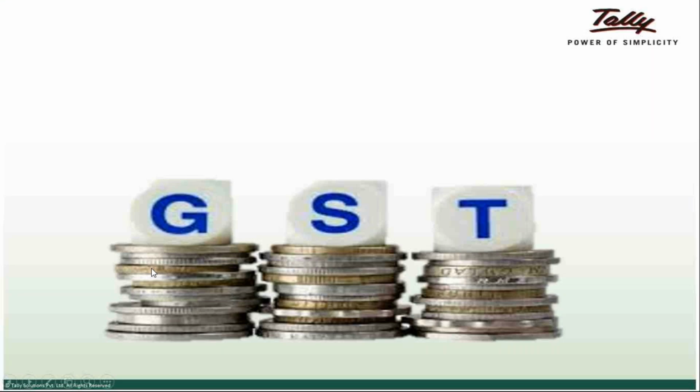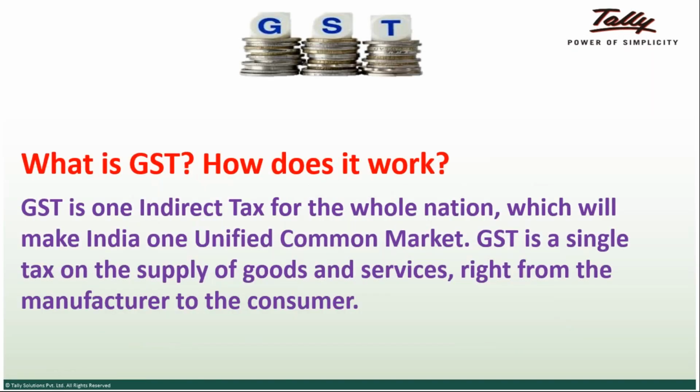GST is an indirect tax, one tax for the whole nation. It is unified under a common market, where there will be no differentiating from the service to the manufacturer, everything to the consumer, all together into one. That is what GST is.